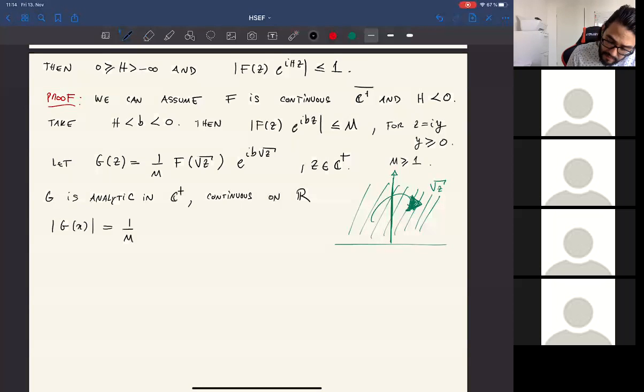So in the real axis, the square root of something in the real axis will still be real. Let me think. What happens with this guy? Well, definitely we're going to have this. Okay, and the function is bounded by 1, which is okay.